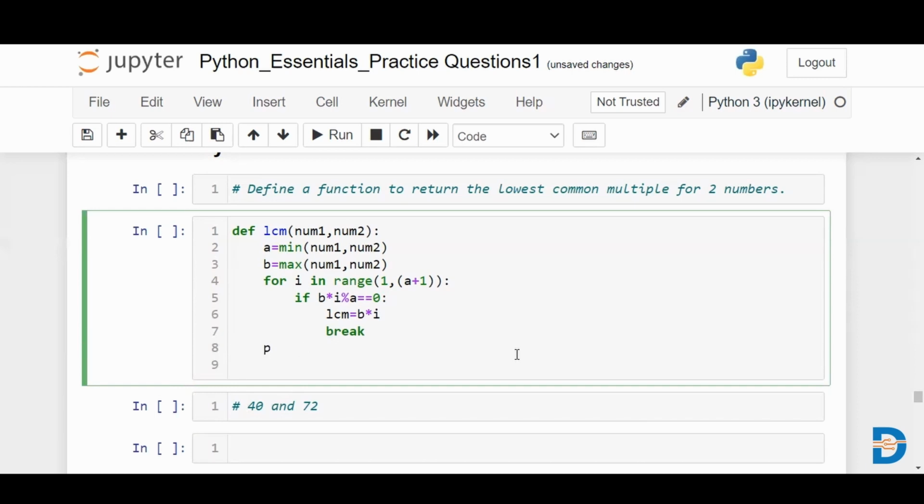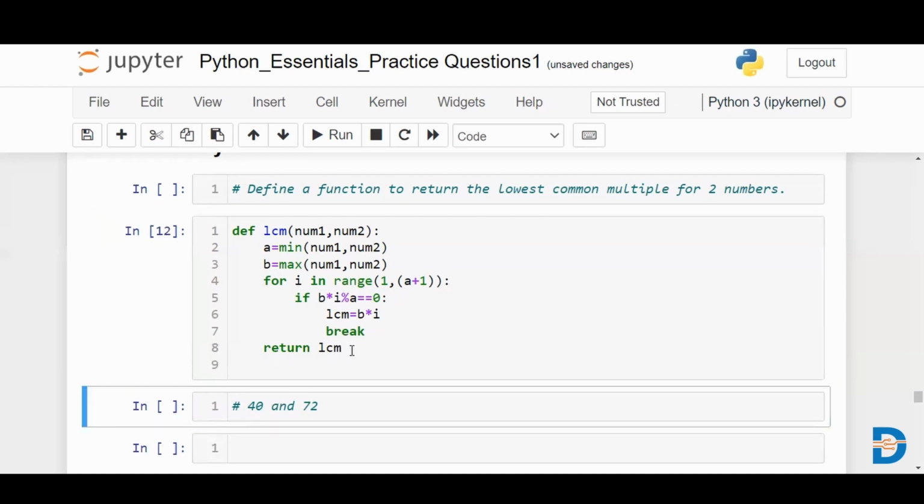And we say print LCM, or we could also say LCM is equal to LCM. Just say return LCM, right? Fine.